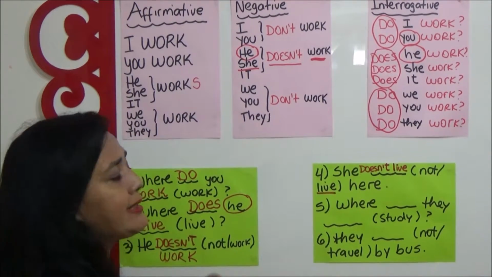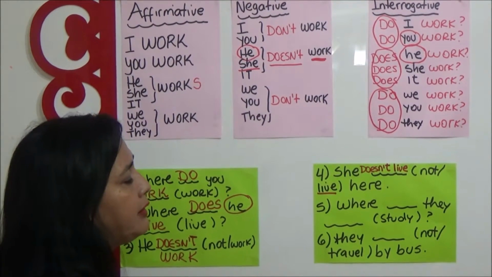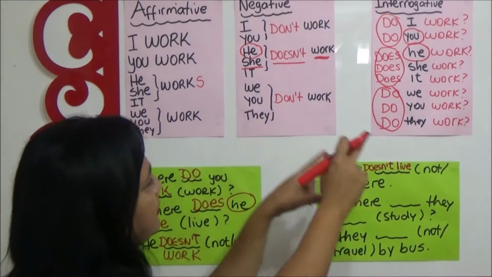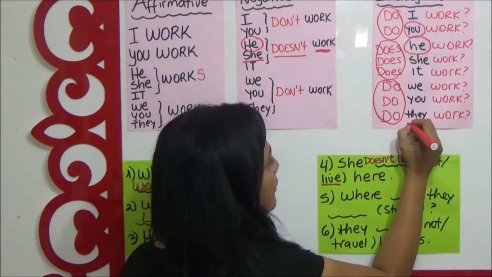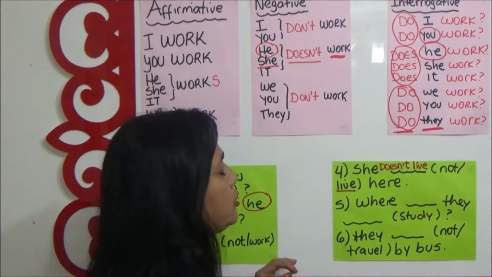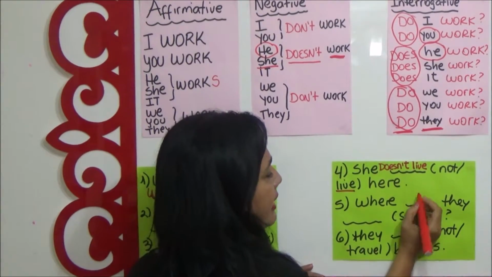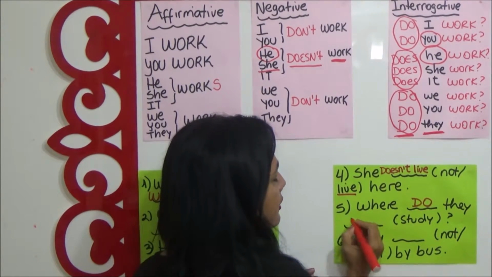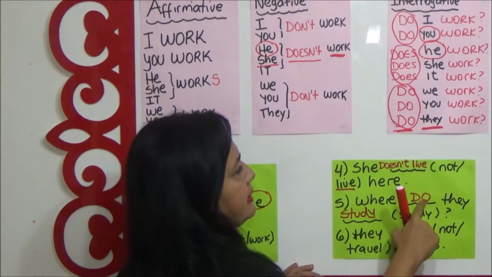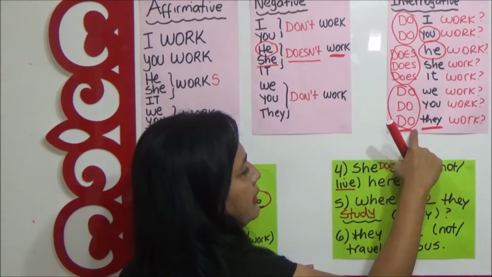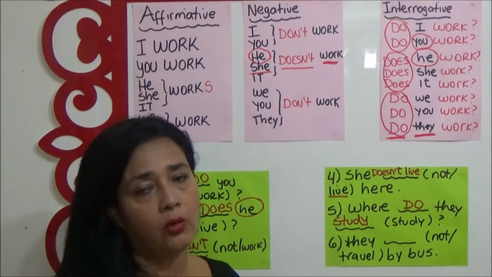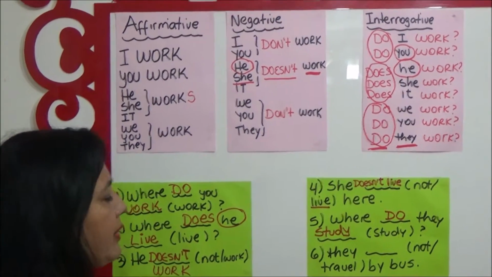In number 5, it's an interrogative, a question using they. When it is they, the auxiliary is do. So the verb is study: where do they study? This is the auxiliary do, the subject they, and the verb always in the infinitive.